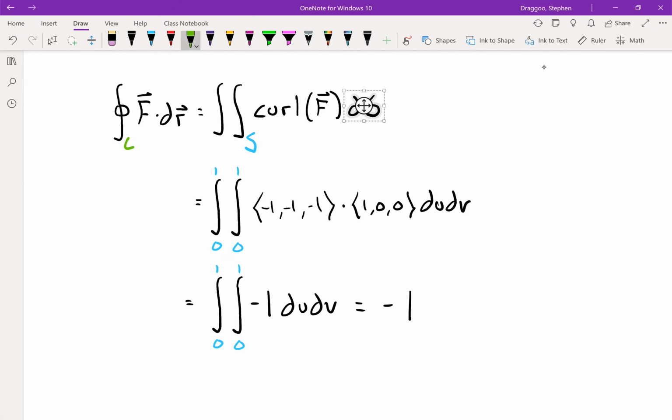Also, it looks like we're missing a part here because that should be the curl dotted with n, which is that unit normal vector, which we spent that time calculating. The curl of f is just -1, -1, -1. That unit normal vector is 1, 0, 0. And u and v both go between 0 and 1, because that's what y and z both did. So we do that double integral, or those iterated integrals, on -1, both going from 0 to 1, and we should just come up with -1 as our result.